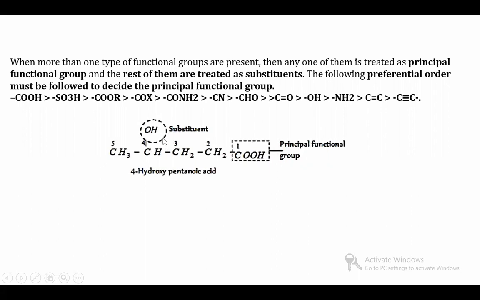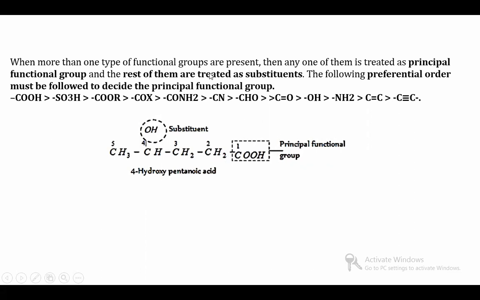In hydroxy, we use the OH group. So the fourth carbon has hydroxy, 4-hydroxy. Five carbons, pentane with single bonds; the E is replaced by oic acid, so 1-oic acid or pentanoic acid, both are same.